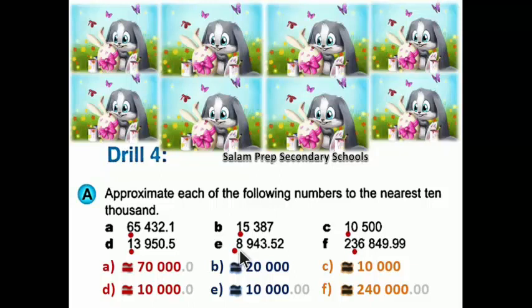Okay? Digit 8 is greater than 5. So we will add 1 to digit in 10,000s place. Take care, there is no digit here. So 0 plus 1 equal 1. So the answer is 10,000.